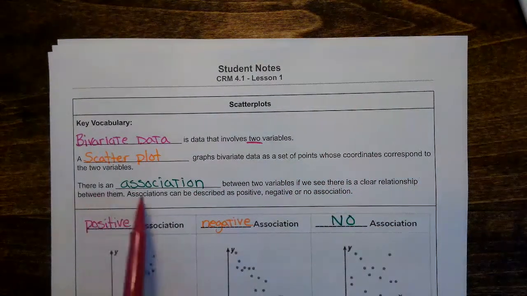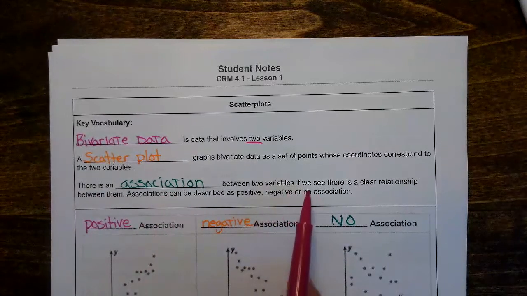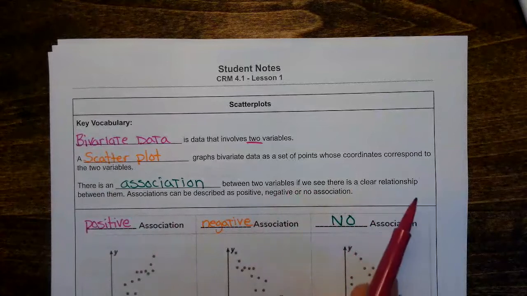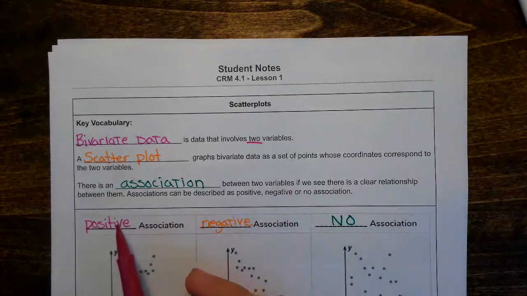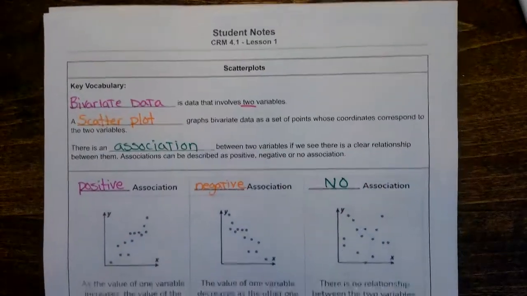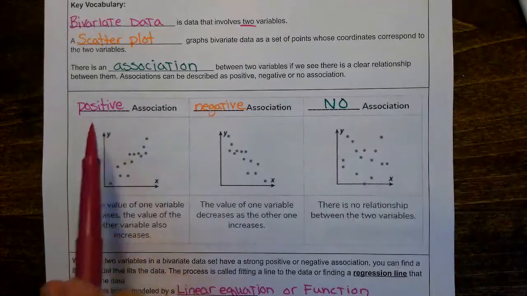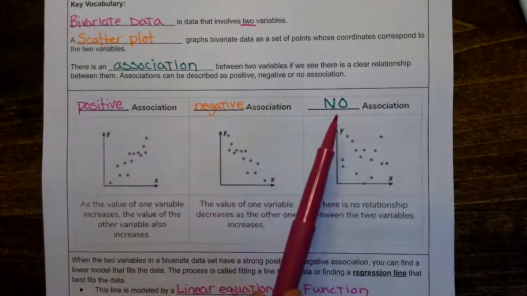And then finally, there is an association between the 2 variables. If we see that there is a clear relationship, then we can define that. And the 3 ways that we are going to show that association is a positive, a negative, or no.